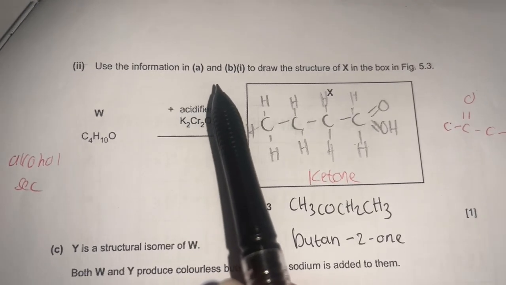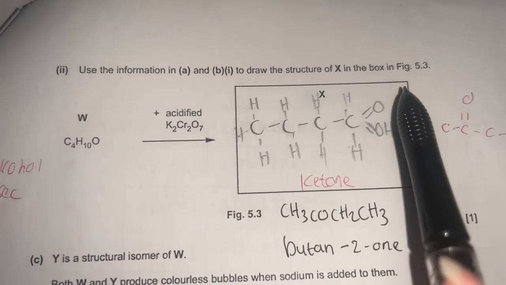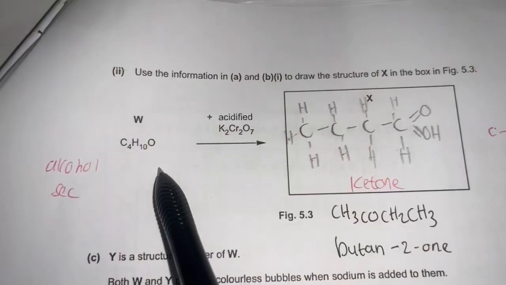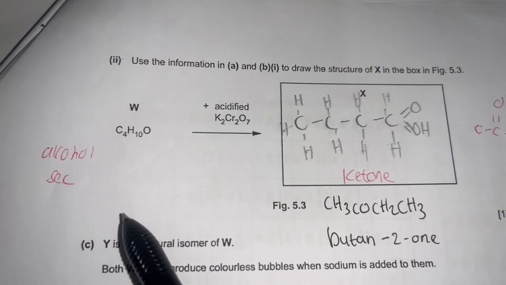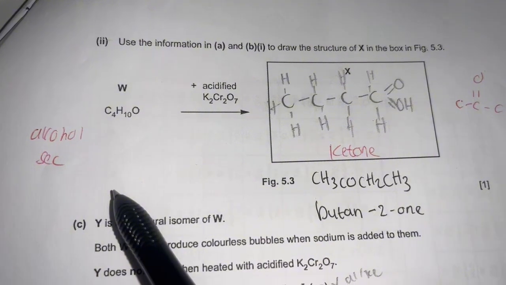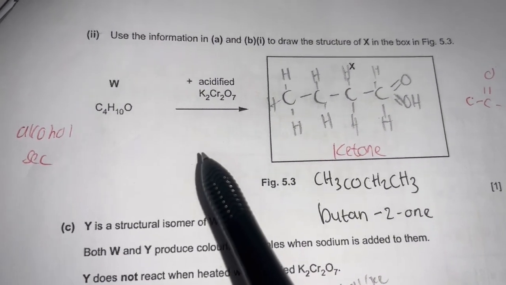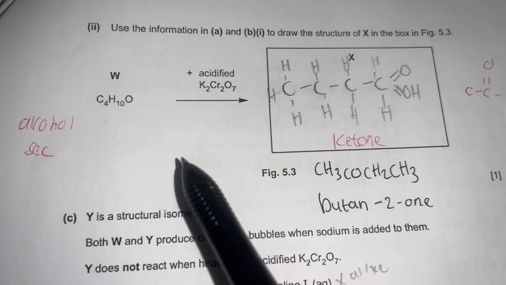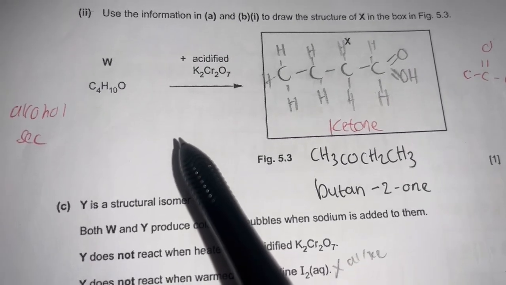Next, use the information in A and B to draw the structure of X in the box in figure 5.3. The infrared spectrum shows an alcohol. W is heated under reflux with excess acidified potassium dichromate. A carbonyl compound is formed. Because reflux and excess oxidizing agent are used, a primary alcohol would become a carboxylic acid.